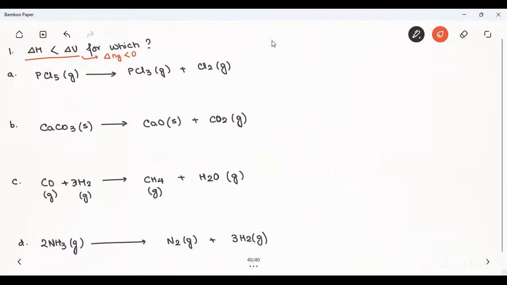Now, see, for this, what I told you, how to calculate delta Ng: number of moles of product minus number of moles of reactant. Remember, this is valid only for gases, neither solid nor liquid.